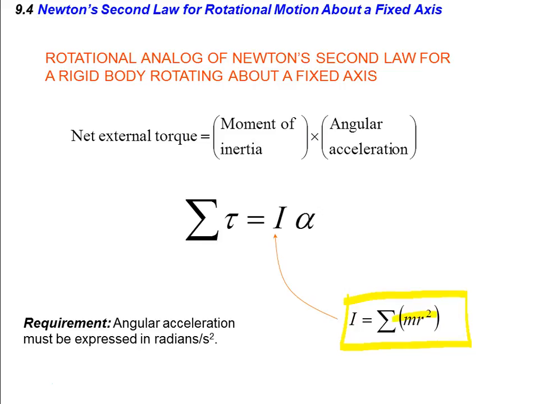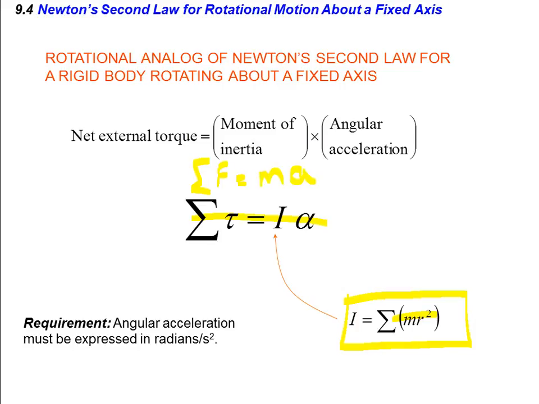So we can define the moment of inertia as the sum of all of the little mr squareds. This helps us with Newton's second law of rotation: the sum of the torque is the moment of inertia times the angular acceleration. This is very similar to what we had translationally, where the sum of the forces was equal to mass times acceleration.